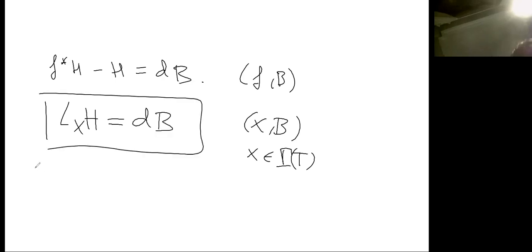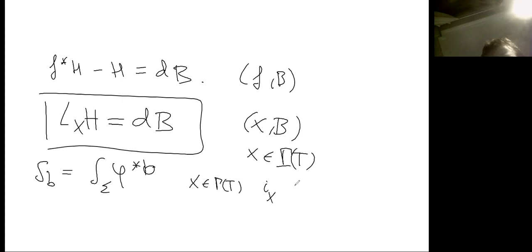I'm telling you that there are special symmetries of my Lagrangian which are given by vector fields X such that i_X H equals dG for some one-form G. So it means that if I take a map and I deform it with the flow of this vector field, then the function does not vary.